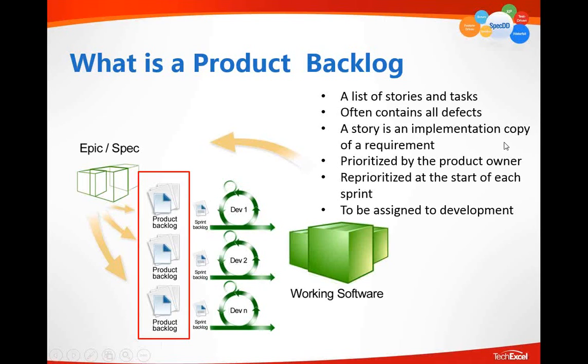A story is an implementation copy of a requirement. The backlog is prioritized, often by the product owner, and reprioritized at the start of each sprint. And the backlog is a backlog, meaning items are to be assigned to the team to pick up or to commit.